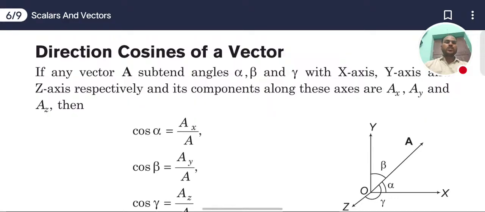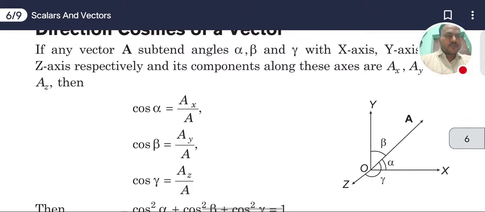Then cos alpha equals, so see here, there are three axes: one is the y-axis, another is the x-axis, another is the z-axis. Between them there is one vector, that vector is a.